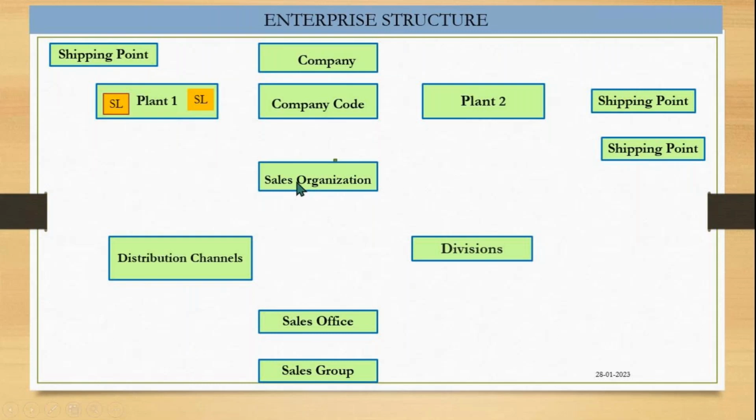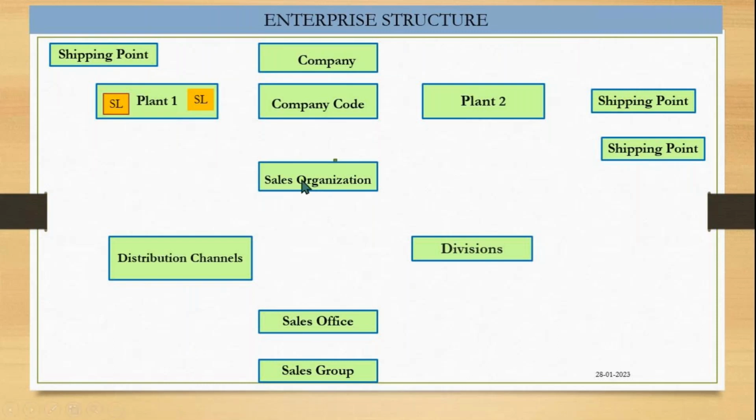It is recommended by SAP that for one country, when there is a single tax procedure and a single currency, it is always better to go for one company code per country. In a similar way, for a country, if the way of doing business is the same, it is always recommended to go for one sales organization for one country.